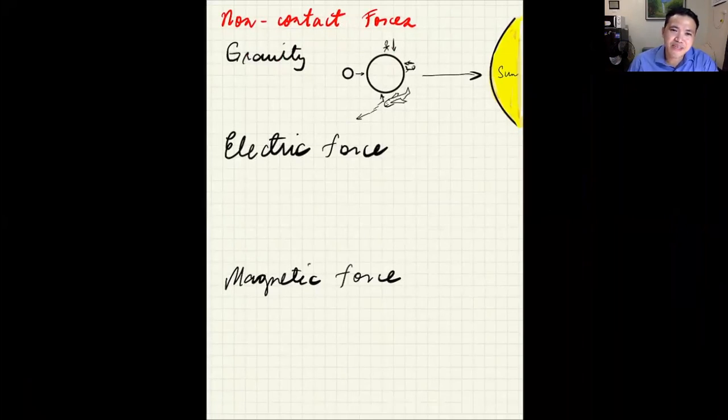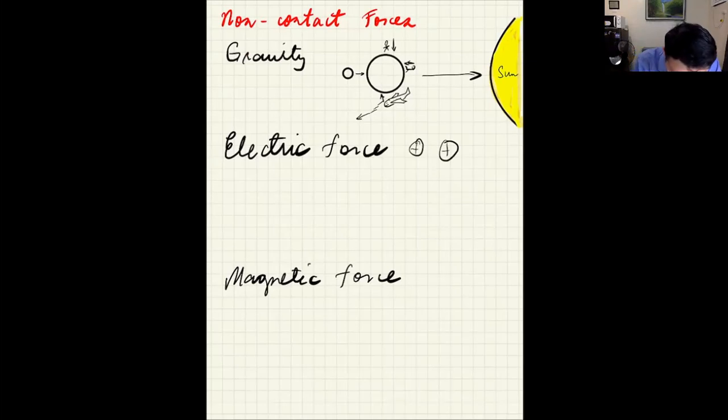The next example is electric force. So we know that positive charge, what will happen? Are they going to be attracted or repelled? So if you have both positive charge, there will be a repulsive force. They don't want to be with each other. They're the same charge.